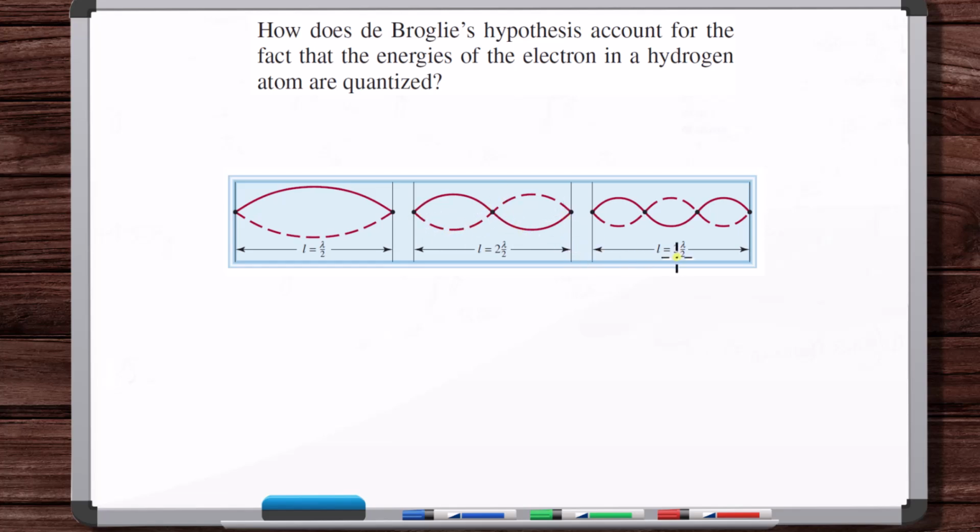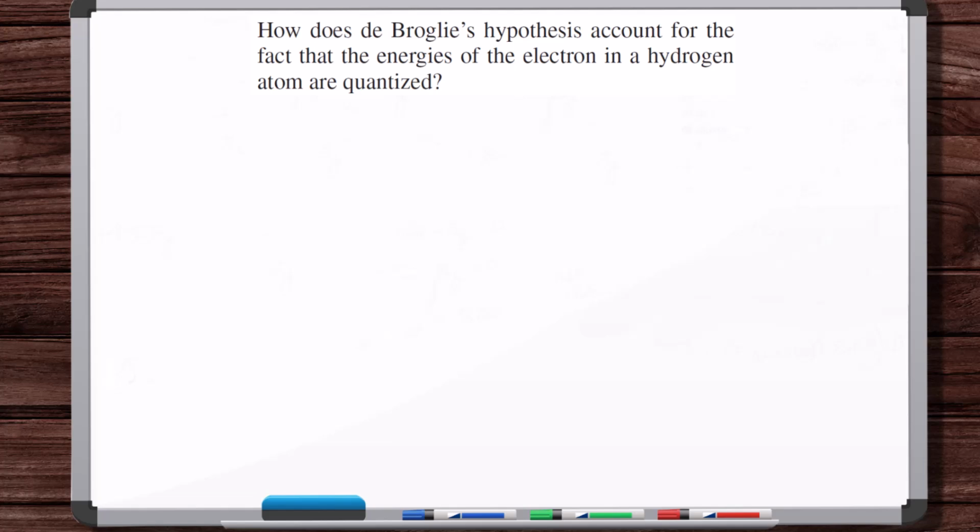Then if you keep exciting it to 3 times the wavelength, you get another standing wave. If you're not at one of these integer values of wavelength, then it does nothing. It's just a jumble of nothing. It only becomes this organized symmetric form at these certain quantized values. And so that's what de Broglie looked at the electrons as possessing.